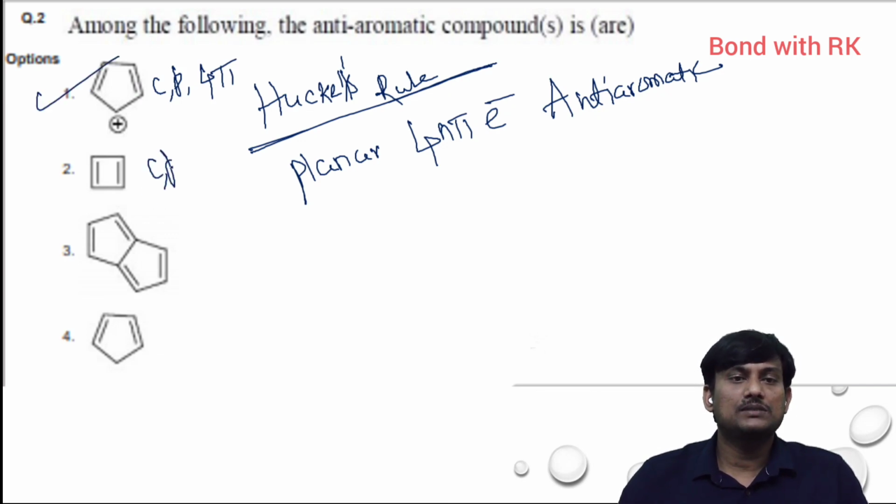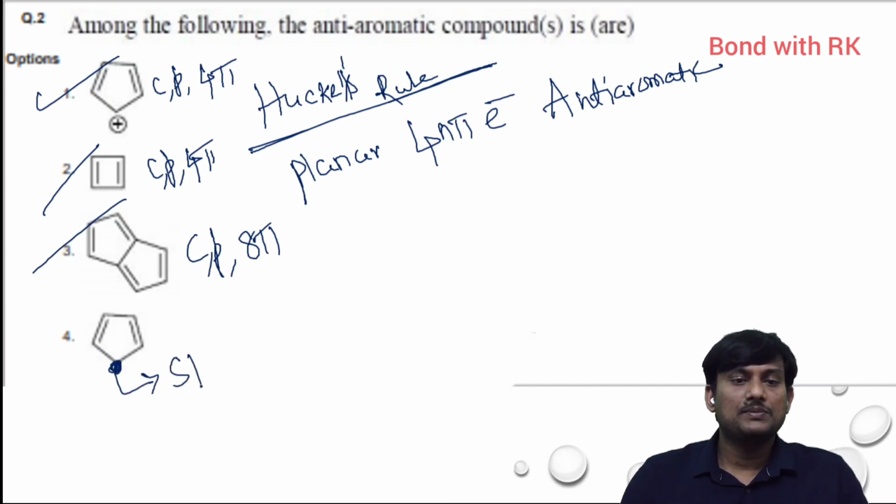This one is also cyclic, planar, with 4 pi electrons, so anti-aromatic. This one is also cyclic, planar, and here you have 8 pi electrons. This one belongs to the 4n pi system, so this one is also anti-aromatic. Here, this carbon is an sp3 hybridized carbon, so this cyclic structure is non-planar. It's not a planar molecule.